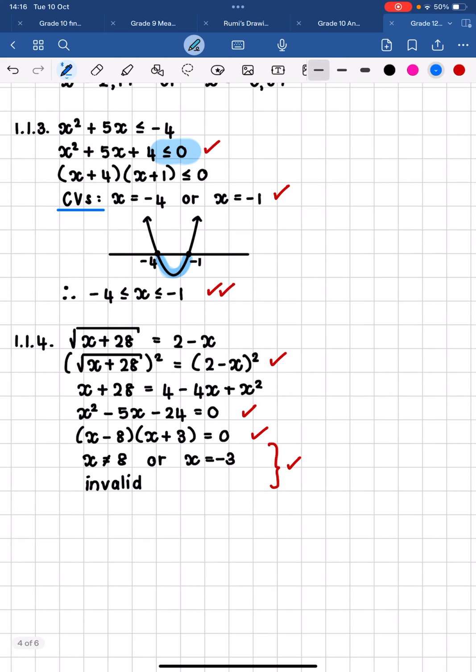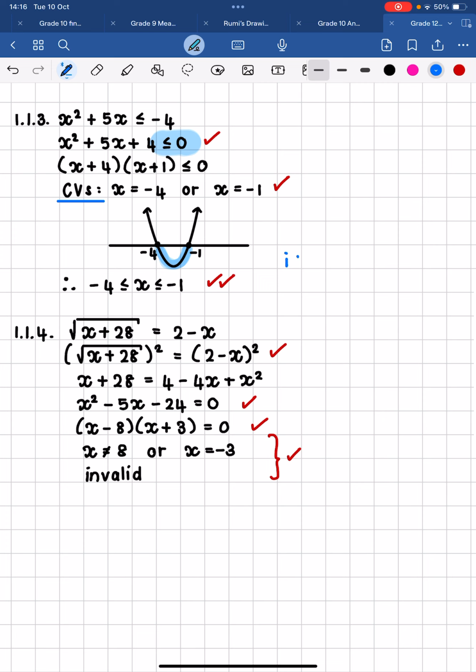Okay. Now, guys, here, again, if you wrote -4 and then you swapped your symbols around like this, then you're going to get 1 mark only. Because you've written it as one part and you have the correct values, but you lose that mark because your symbols are the wrong way around.